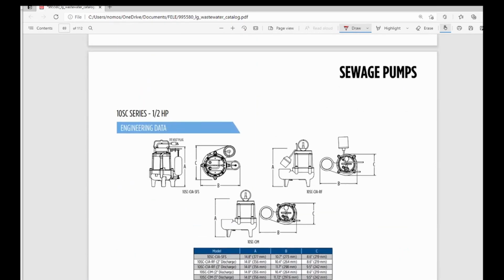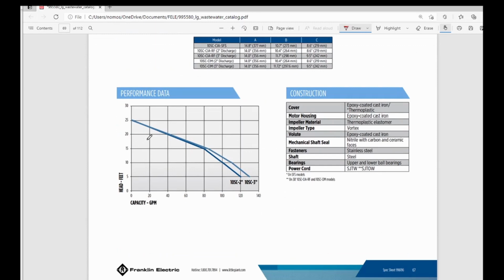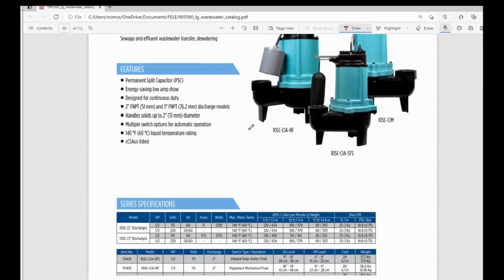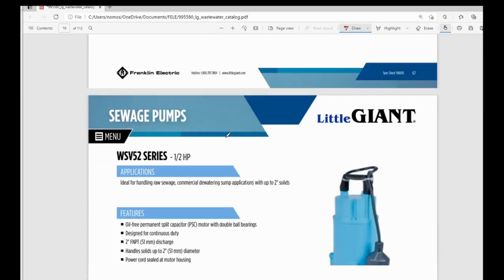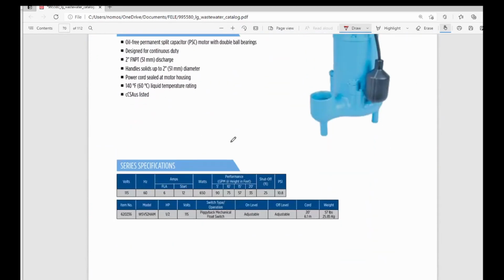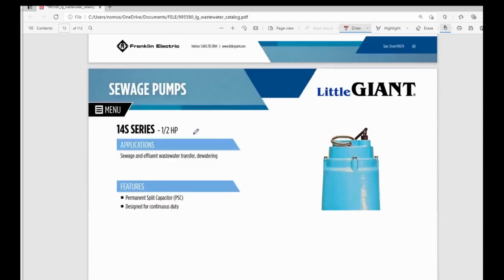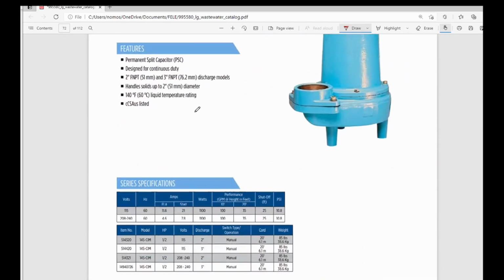All right, so there's the 10SC. What did I say? 17 feet at 21 gallons a minute. Certainly within the chart. So I could use the 10SC sewage pump. Or I could go down to WSV 52, which wasn't on my list. 17 feet, 21 gallons a minute. It's about right there. It's within this curve, most importantly. I could use that pump. 14S.